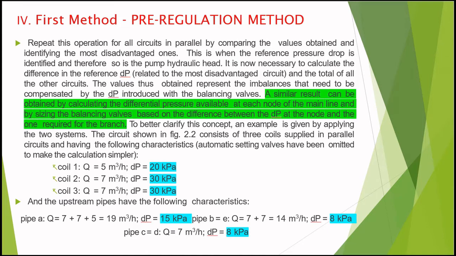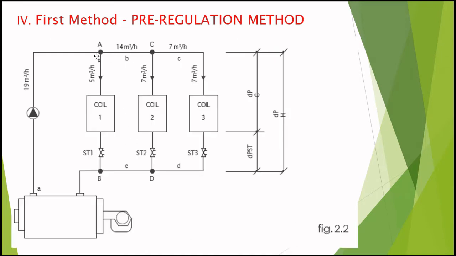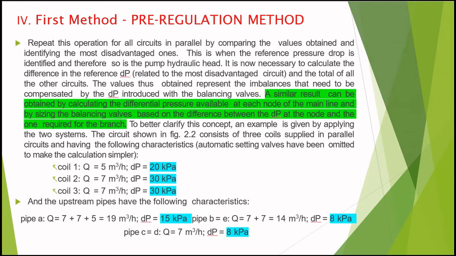Pipe B, from this node to this node, is equal to pipe E from this node to this node, and the flow for this pipe is 14, which is equal to 7 plus 7, and the dP differential pressure is considered as 8.